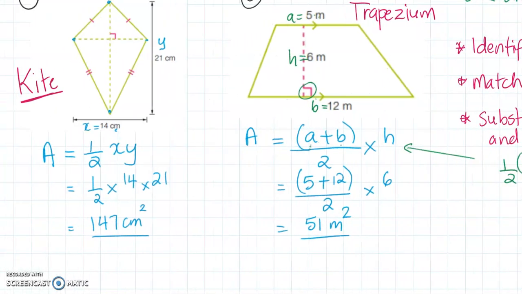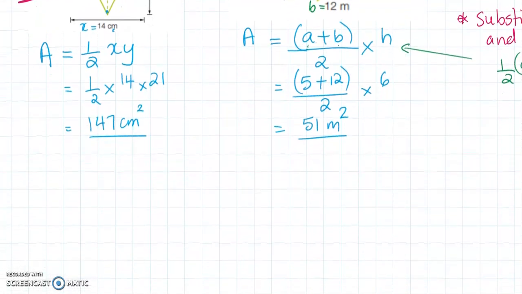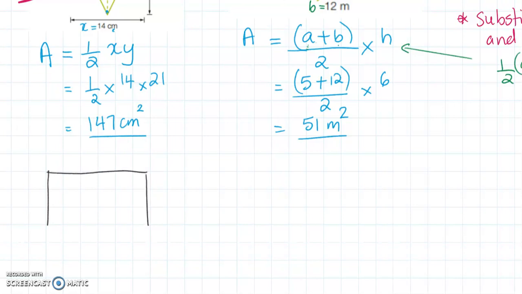Now sometimes you will get a shape, so I'm going to quickly draw another shape, where, okay, this is a rectangle with two pairs of parallel and equal sides. Sometimes you'll get a shape where the units given for the dimensions might not be the same.